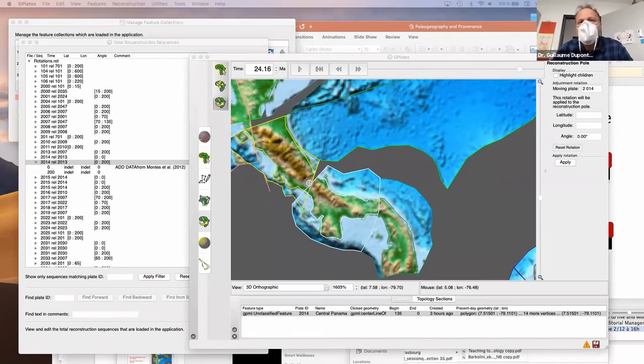We know the block rotated 25 degrees with respect to north, but we don't know where the pole of rotation actually is. And to know where it is, it's more because I want to get a straight arc at the end. So you can rely on paleomagnetic poles, but you also need other information to reconstruct your arc.